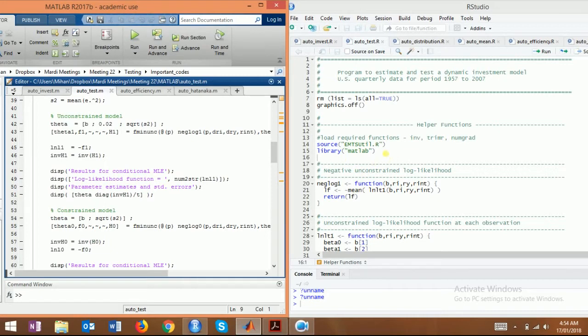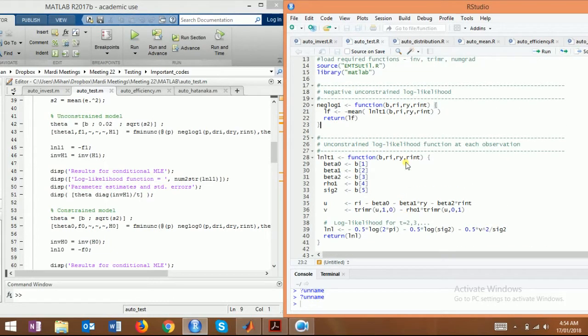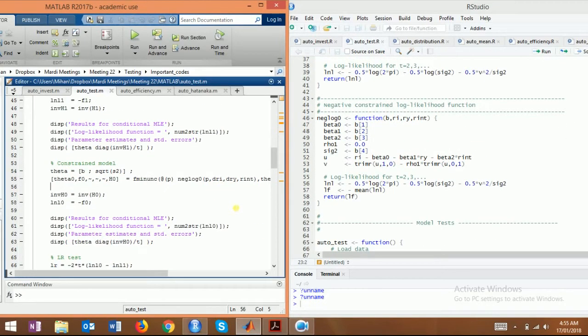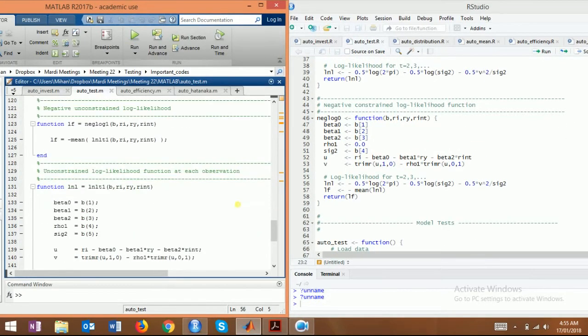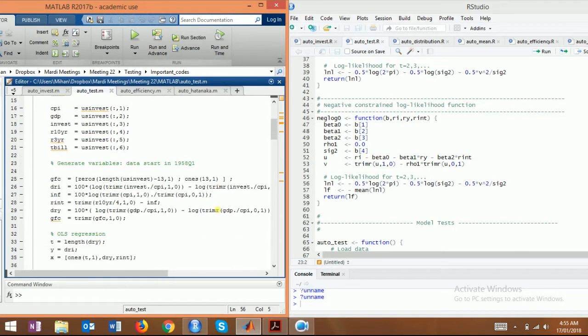So we are loading the MATLAB library here, then we are mentioning the functions just like before. This was not necessary. Basically return minus LF could have been fine, but yeah, let's do this. Constraint and unconstrained, everything remains same, nothing else changes here.